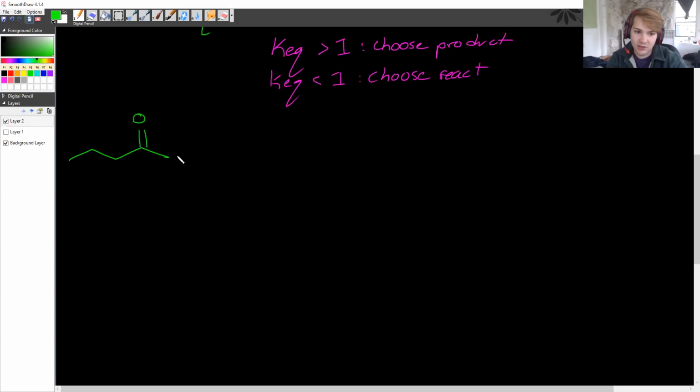Don't blame me if you try to make this in the lab and it tastes bad. And then someone else said strawberry. Oh wow, that's a weird structure.